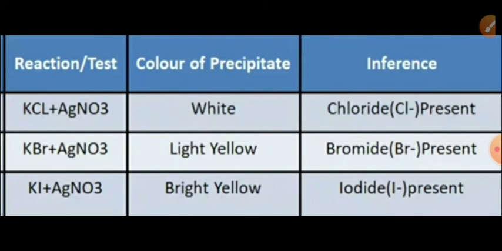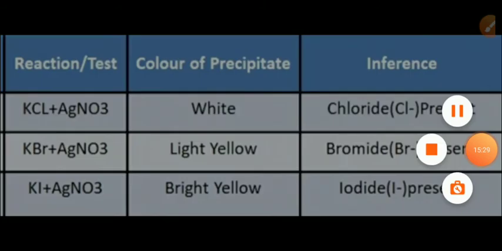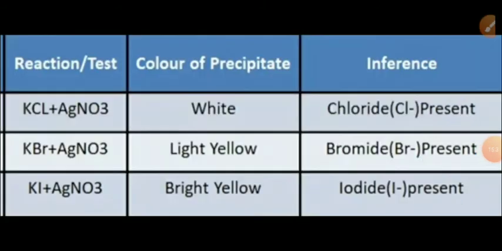Third one, the halogen which is liquid at room temperature is bromine. Then the metallic character of elements increases in a group from top to bottom. And the fifth one, valency of elements, the answer is D. So children, this multiple choice I had told you.